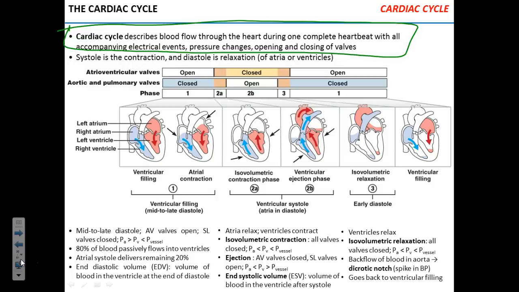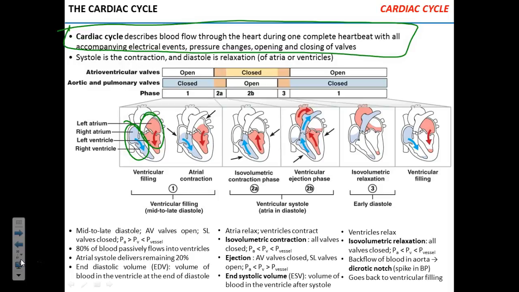Both sides of the heart, right side and left side, contract simultaneously. Does that make sense? Both sides pump the same volume of blood per minute. Does that make sense? Okay.